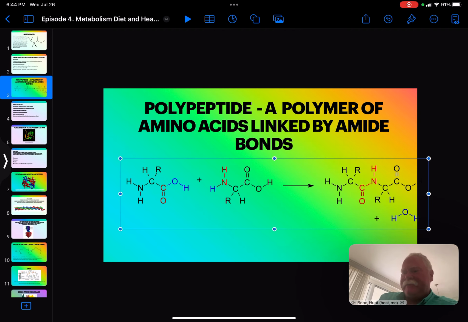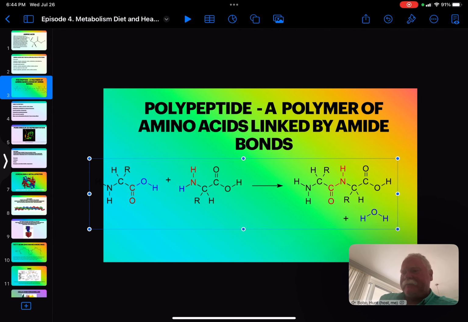The water comes off, and you have a peptide bond where you have a double bond oxygen, nitrogen, then an alpha carbon, then you have the carboxylic acid group. And this carboxylic acid group will just hook up to another amino acid, so you string along 10 or 20 up to maybe 60, and you call them polypeptides.